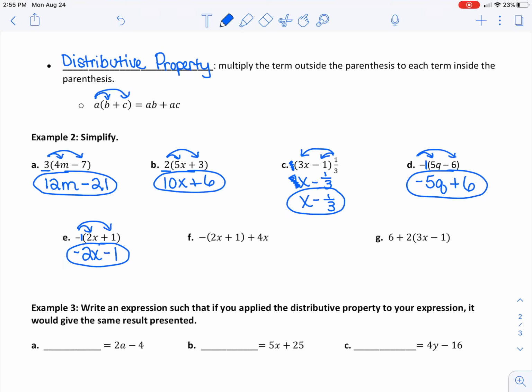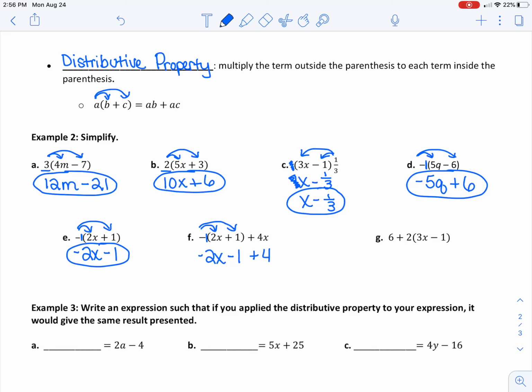So with letter F, again, I still have that same thing. I have that negative out front, and I'm going to put the 1 there. Okay, I'm going to say -1 times 2x is -2x. Again, -1 times 1 is going to give me a -1. But this time, I just want to make sure that we know we do not take that -1 times the 4x. It is not in the parentheses.